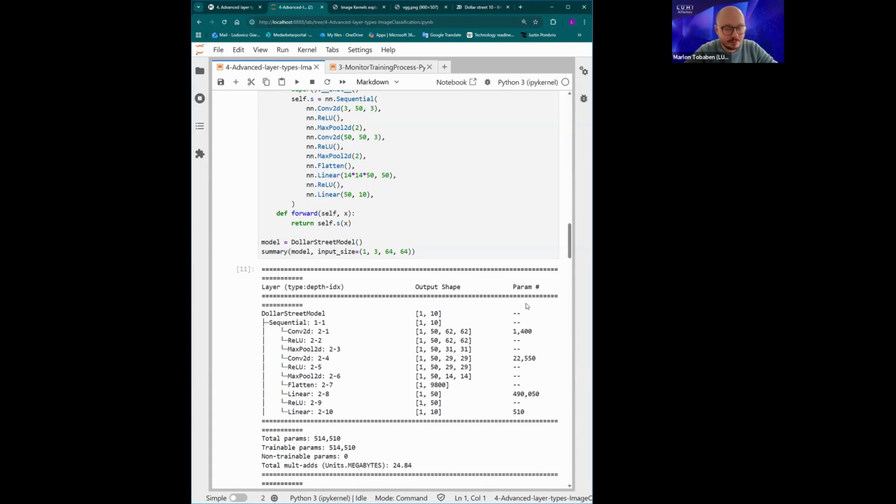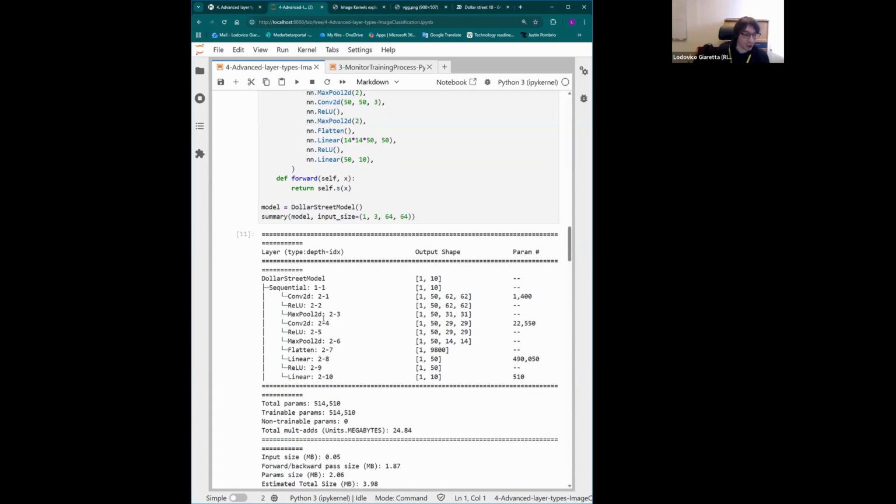So, if we see the result of that, what is happening is that now we have these max pool layers, and when those happen, the size of the image gets cut in half in each dimension. So now we have a smaller image going into the next convolution. This does not change the number of parameters of the convolution itself, because that is independent of image size. That is only a matter of kernel size and number of channels.